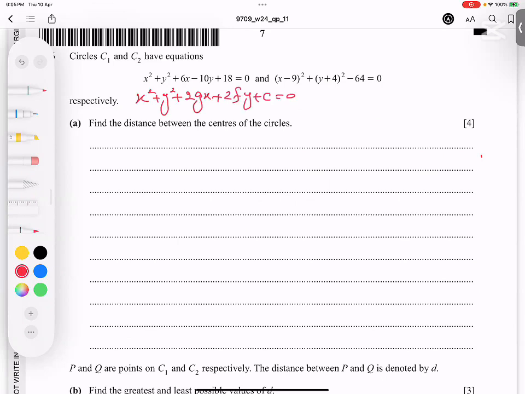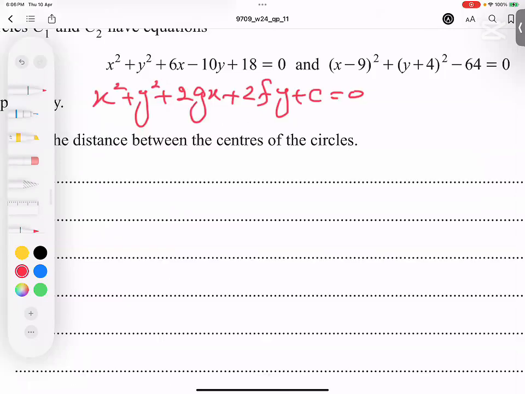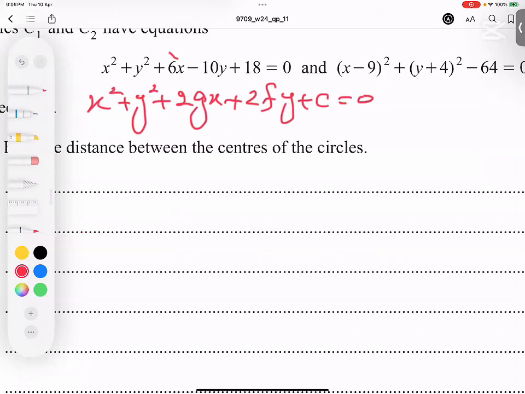If I compare these two equations, what is the x coefficient? 6. What is the x coefficient? 2g. So I can say 2g is equal to 6. What is the y coefficient? Negative 10. What is the y coefficient? 2f. So 2f is equal to negative 10. And this is c value 18.